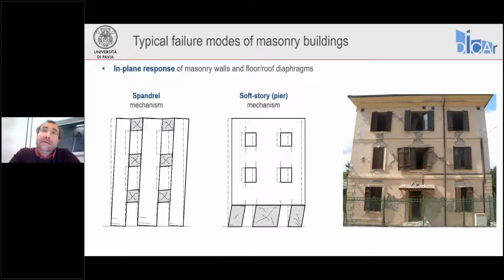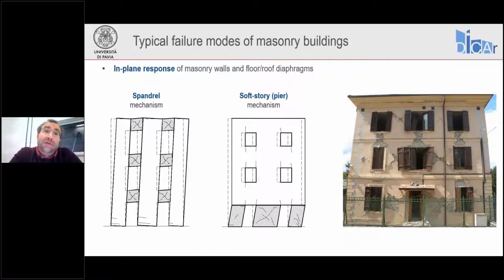But mostly, in the case of good interconnection between elements and between walls and diaphragms, we may develop mechanisms in the plane of the walls, which may be classified in two main families: spandrel mechanisms, where spandrels are cracking and getting damaged, while piers are not significantly damaged, if not at the base because of bending; or sub-story mechanisms, where instead everything localizes within a story, with the piers of that story getting damaged in shear or in bending.